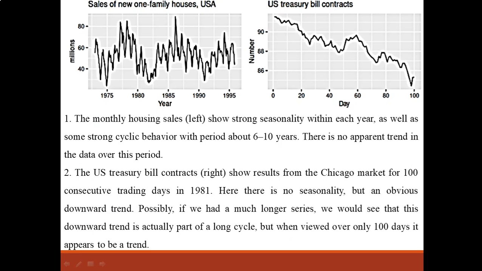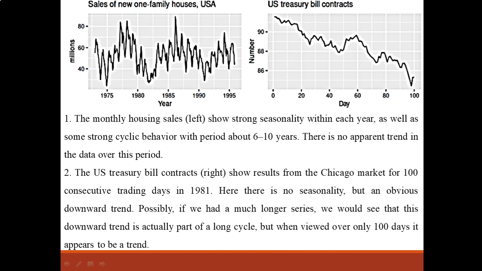The second figure, the U.S. Treasury bill contracts, shows results from the Chicago market for 100 consecutive trading days in 1981. Here there is no seasonality, but an obvious downward trend.